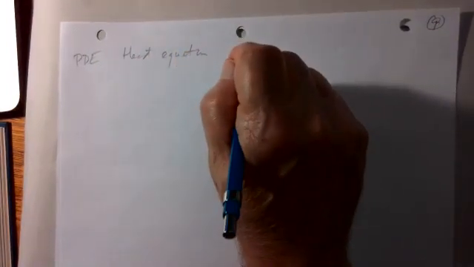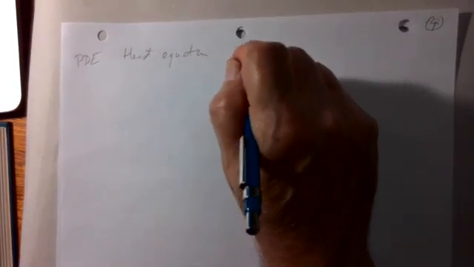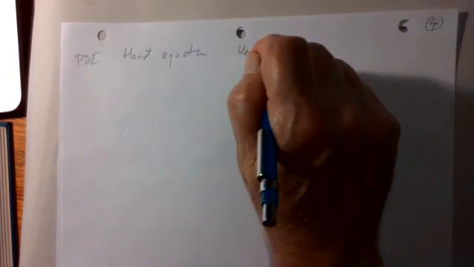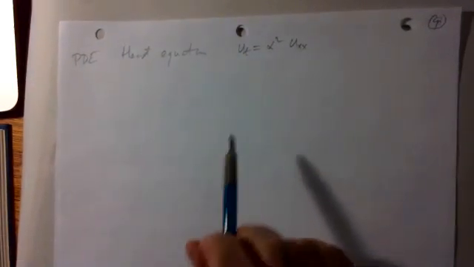Remember, in PDE, this first equation that we've been looking at is the heat equation, which says that if u is the heat of somebody, the partial of u with respect to t is some constant times the second derivative of u with respect to x. So this is the heat equation in PDE.